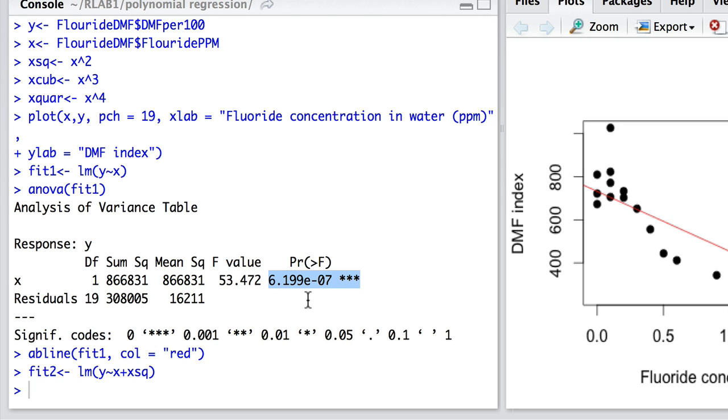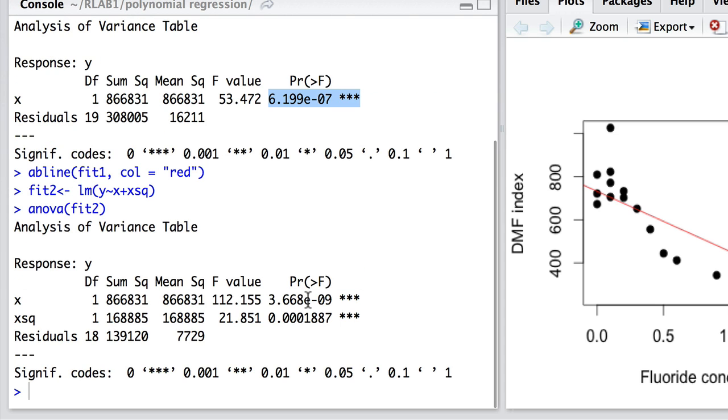And likewise, we can look at the analysis of variance breakdown of this model. And this is what we get here. So, with a type 1 sum of squares, we know that x explains significant variability in y, but here the x squared term explains significant variability above and beyond that explained by x.